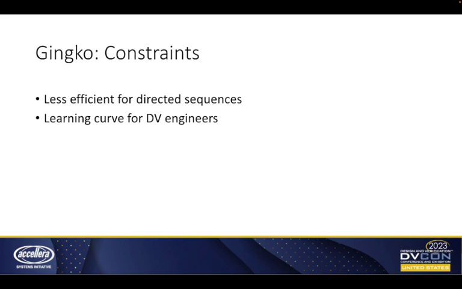We are looking into the Portable Test and Stimulus standard, PSS, and hope that will help. Secondly, of course, this framework requires some learning curve for most design and DV engineers. They need to know a lot of CS background to use it, so we are trying to make it easy for most people to use.